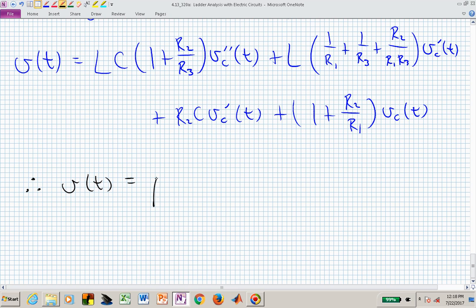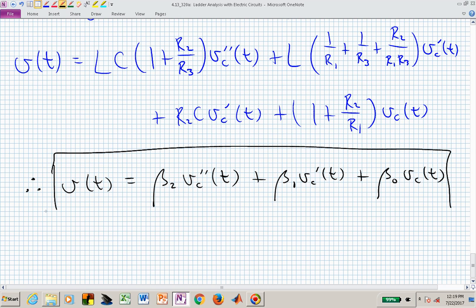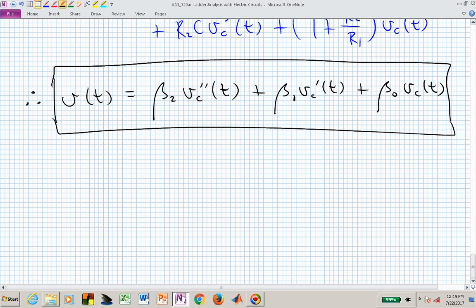Let me now just collect all of those coefficients into some betas, and now I hope you can believe that we have V of t equal to beta sub 2 V sub C double prime plus beta 1 V sub C prime plus beta 0 V sub C of t. And that's really the ladder analysis.